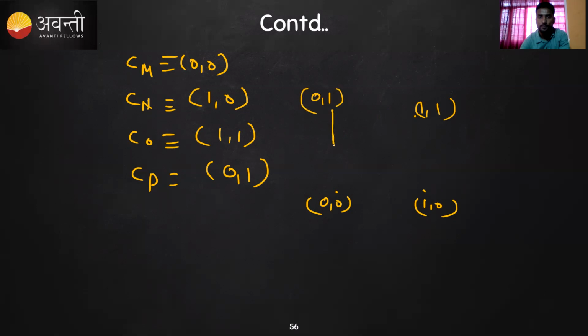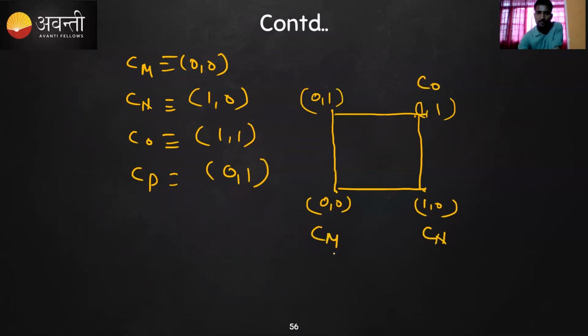Basically, just meet all the points, just join all the points. It is nothing but CO, this is CN, this is CM, and this is CP.